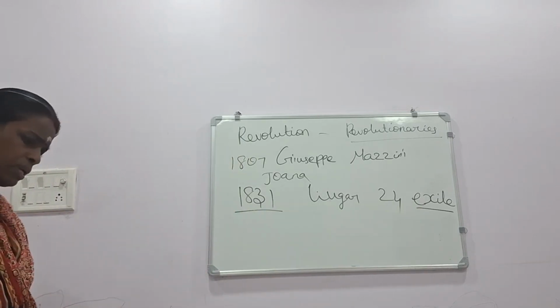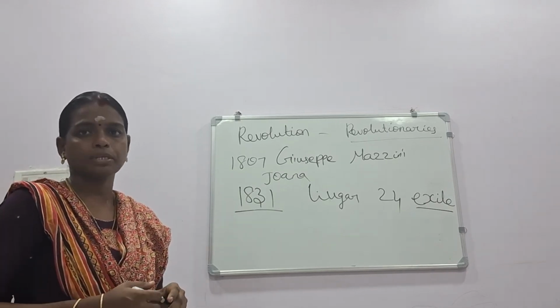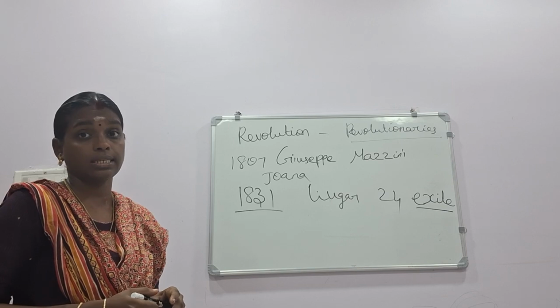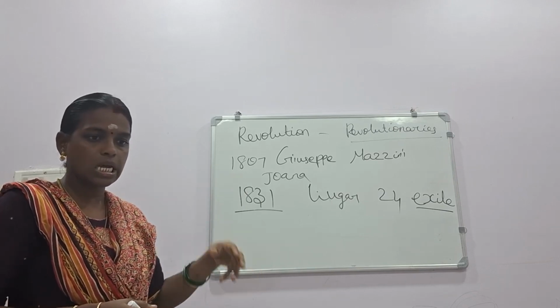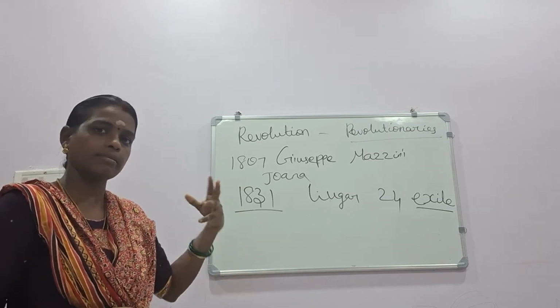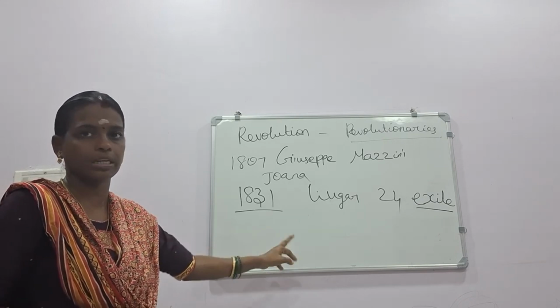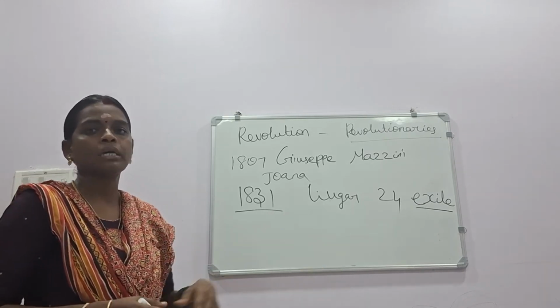Then, not only that, he started two secret societies. Have you got me? He joined one secret society and led a revolution in the European countries, and at the age of 24 in 1831 he started the revolution in Luger. For that he was punished with exile, as I told you.